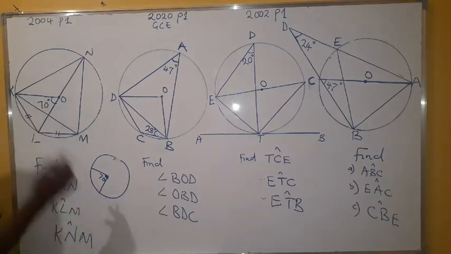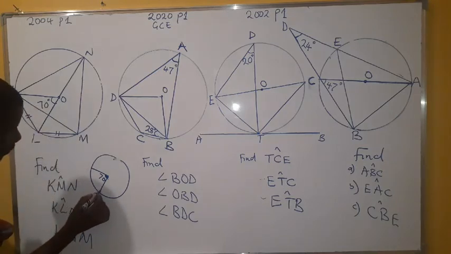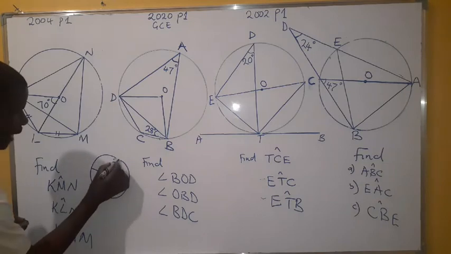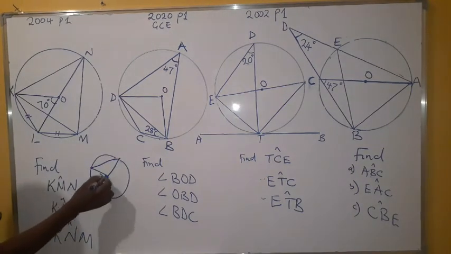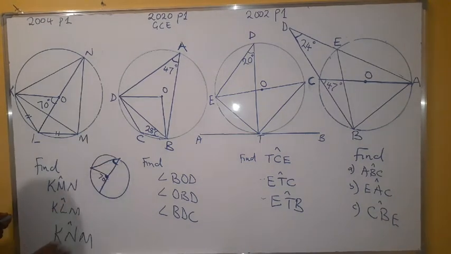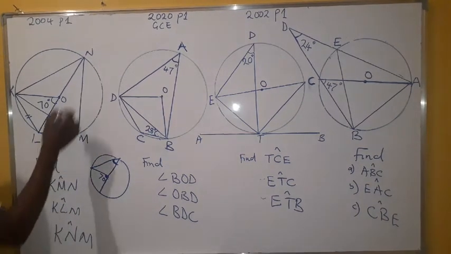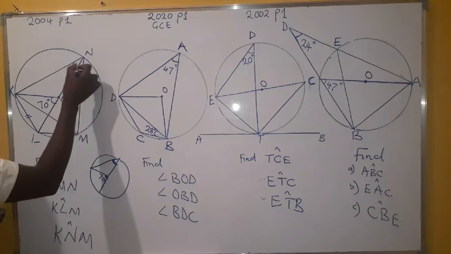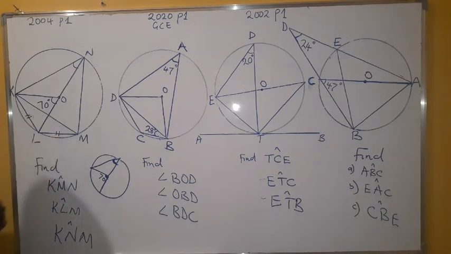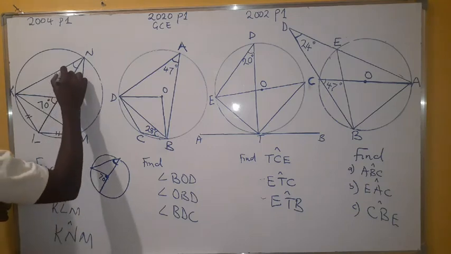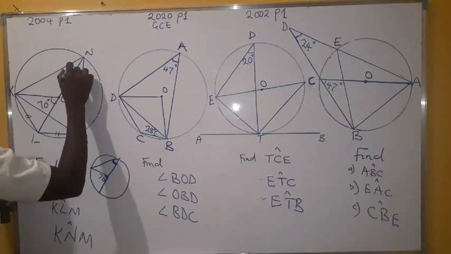Then the angle on the circumference is coming from this same point. It goes up to there, then we have another angle. So this is the angle at the center, and this is the angle at the circumference. So meaning this angle here is half the angle at the center. I'm referring to the theorems. So this is going to be 35.